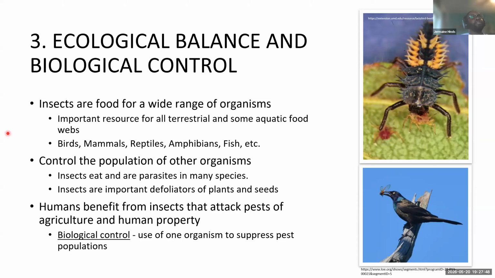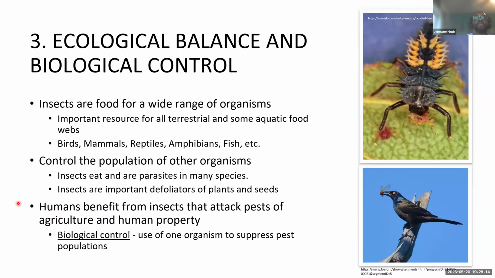We're going to talk about biocontrol next class and how insects are very important for managing pest species like spotted spider mites, aphids, or generalists like spotted lanternfly. Different insects can prey on them, and then even larger animals can prey on them too.